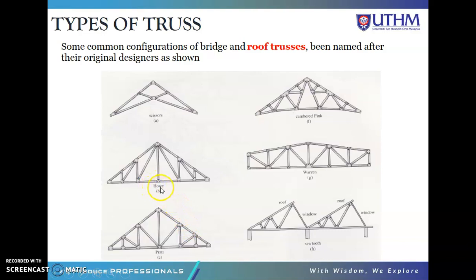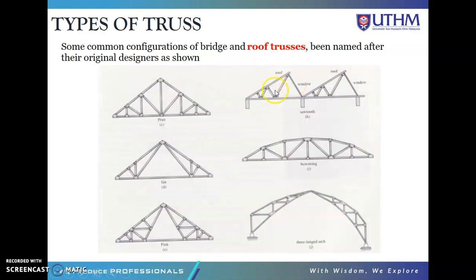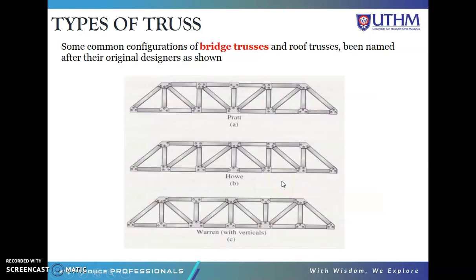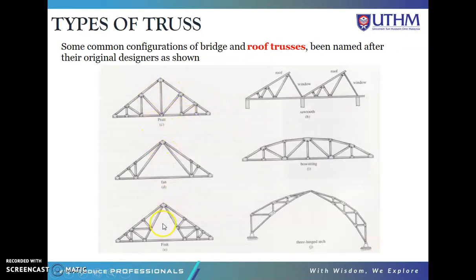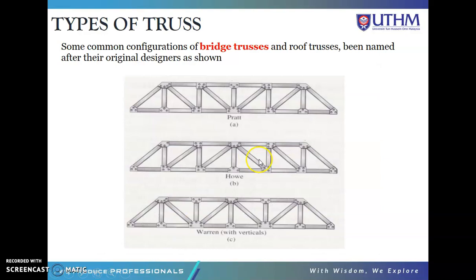This is the howe truss, the fan truss, the three-hinge arch truss. And this is the common configuration of bridge trusses. The previous ones are for roof trusses, and this one is for bridge trusses.